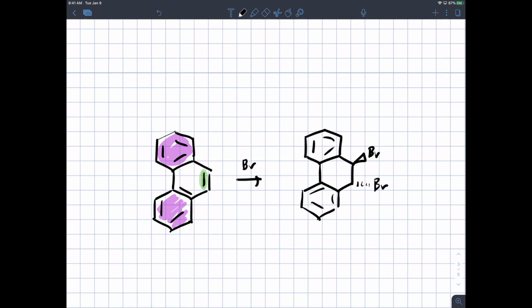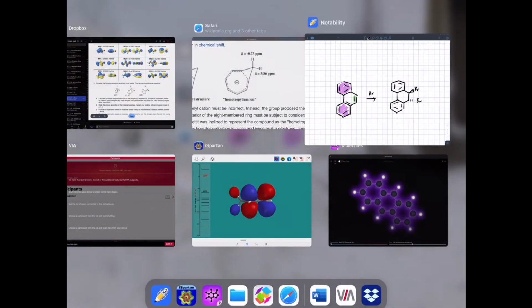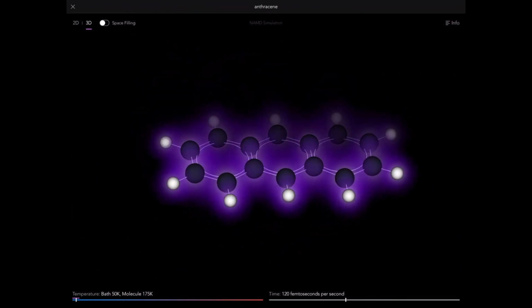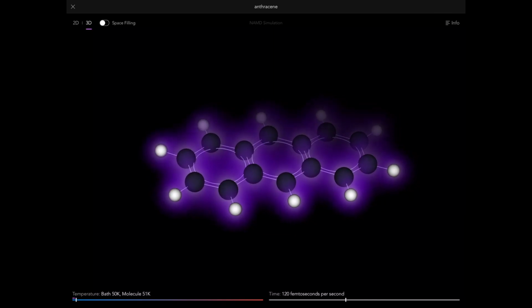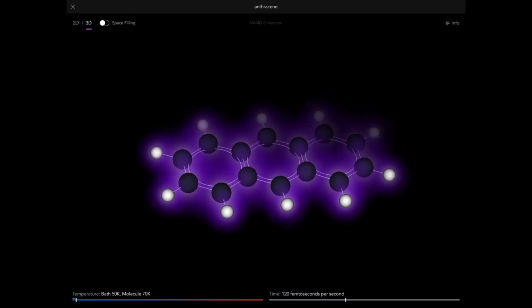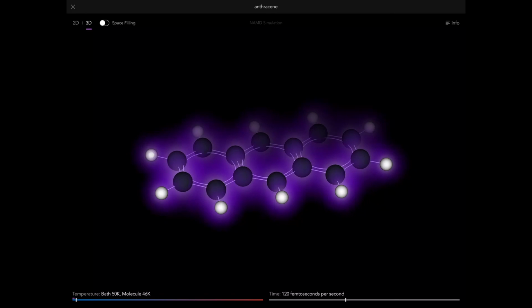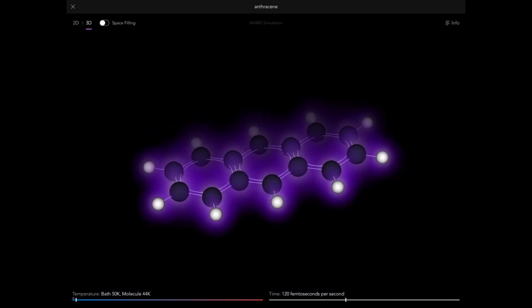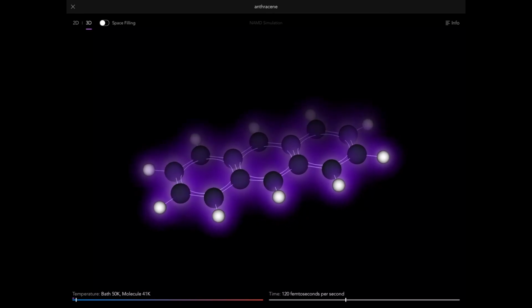So as you get bigger, as you get rings that are bigger, sometimes you don't have extended aromaticity in all of the rings, and sometimes they can be reactive. And just as a final point, the central ring in anthracene is known to be a decent diene in Diels-Alder reactions, because you can do a reaction there and still have aromatic rings on either side.